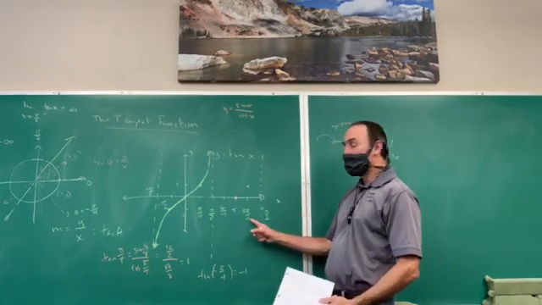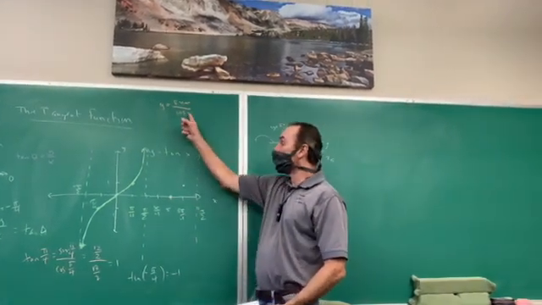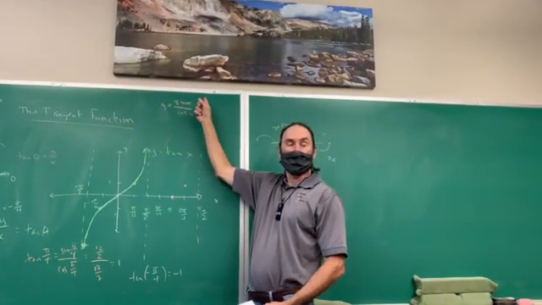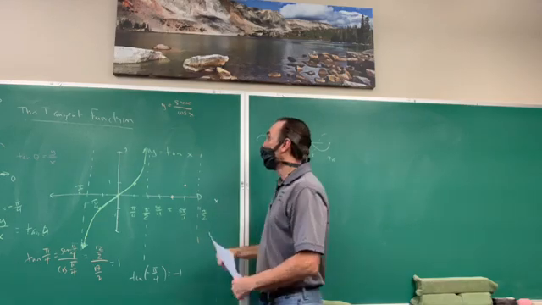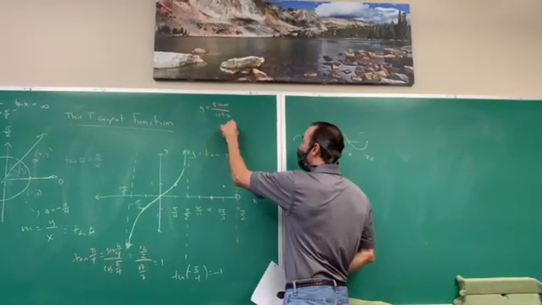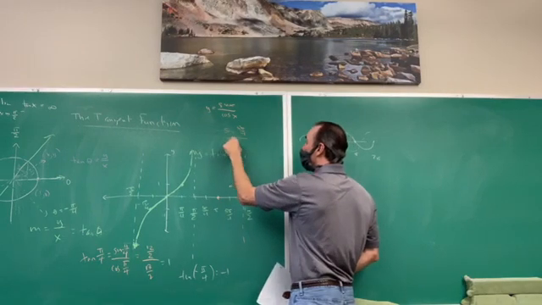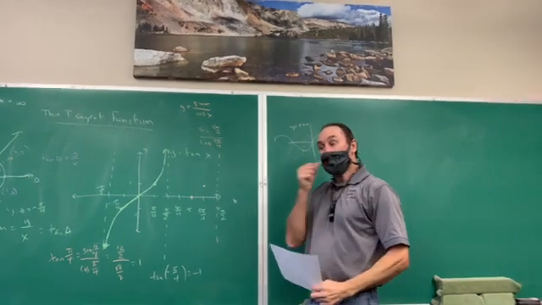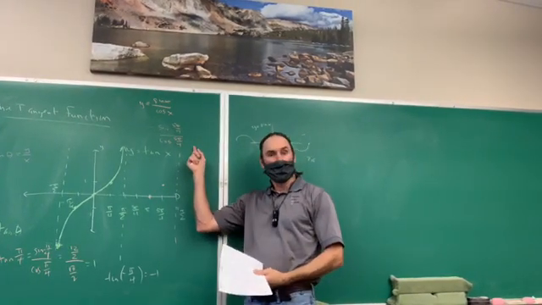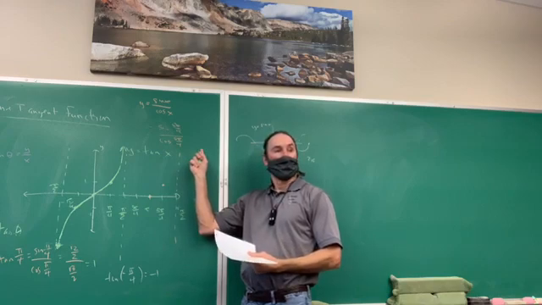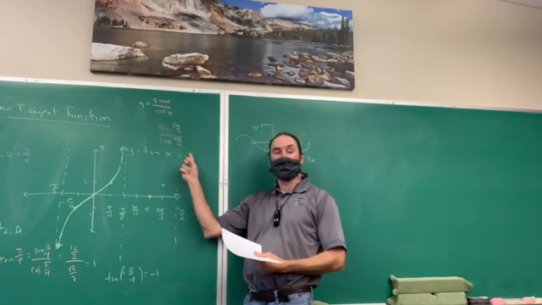Remember, 5 pi over 4, we can think of in several different ways. If we think of tangent as being sine over cosine, then at 5 pi over 4, we get sine of 5 pi over 4 over cosine of 5 pi over 4. The reference angle is pi over 4, so that value, without worrying about the positive or negative sign, is going to be what for a sine and a cosine?